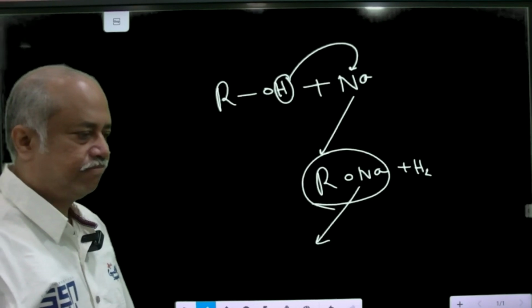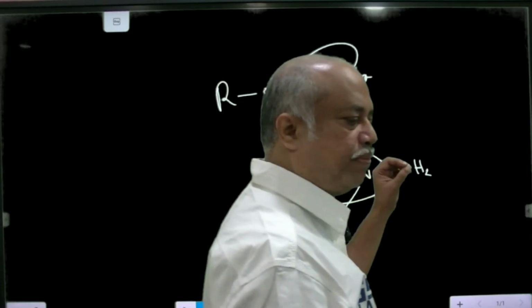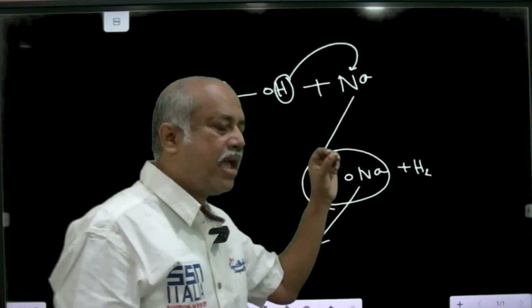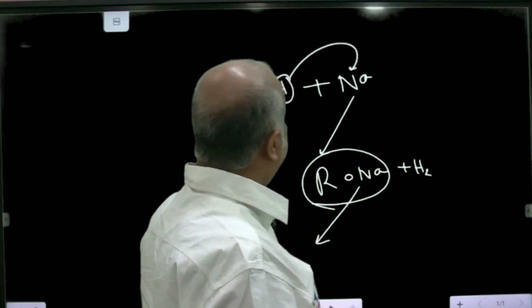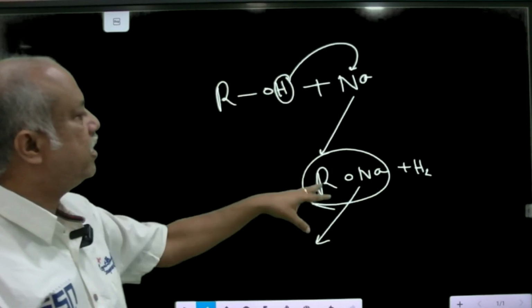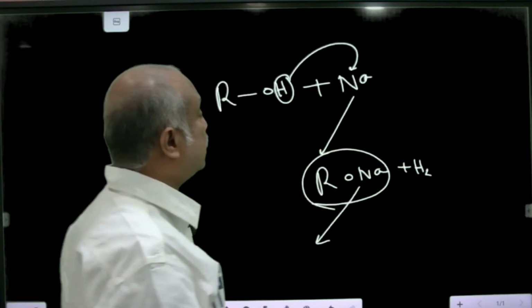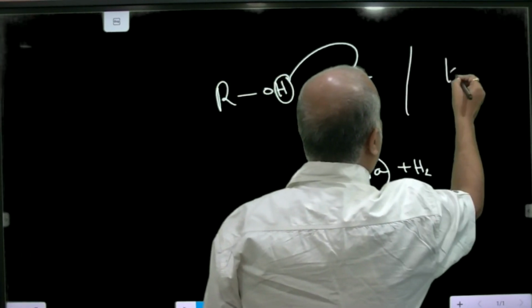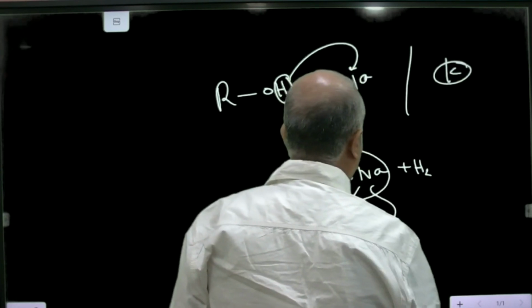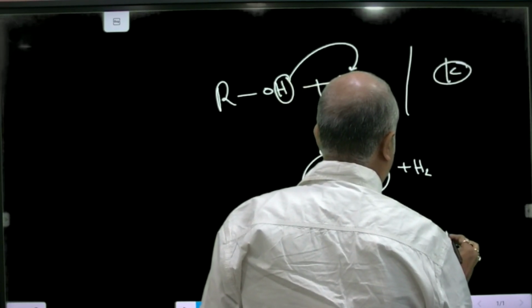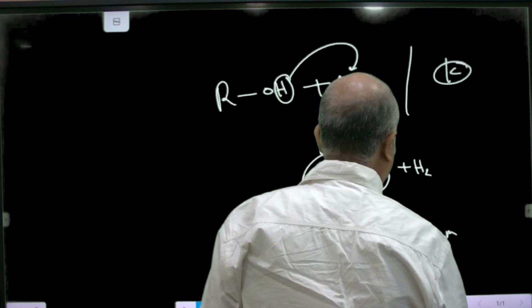Any type of alcohol reacts with metallic sodium to form alkoxide. It may be sodium or potassium. That is called sodium alkoxide.